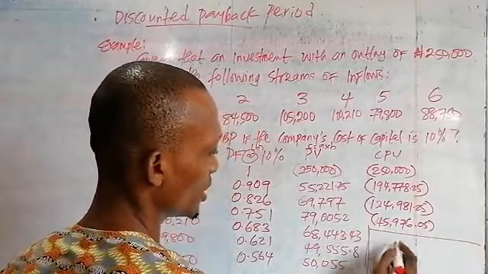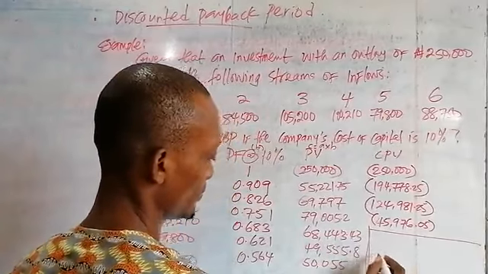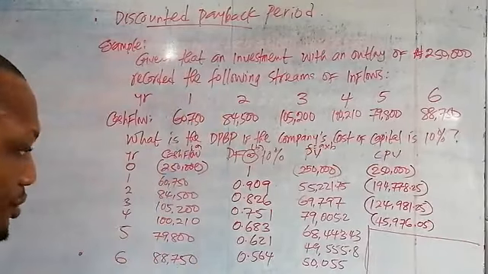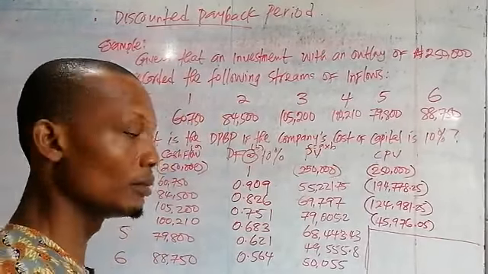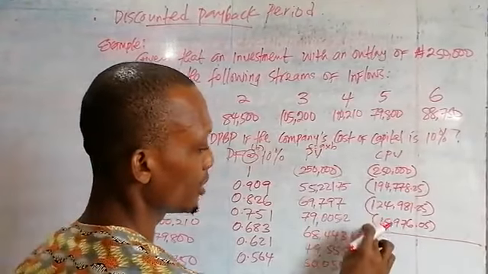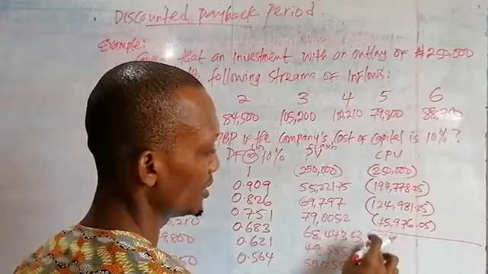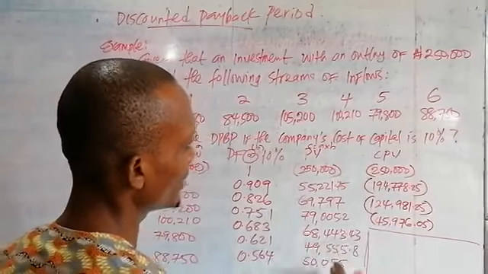So the solution is 3 years. It's because of the space constraint that I'm trying to do it in this form. Are we together? So let me just have it here like this.